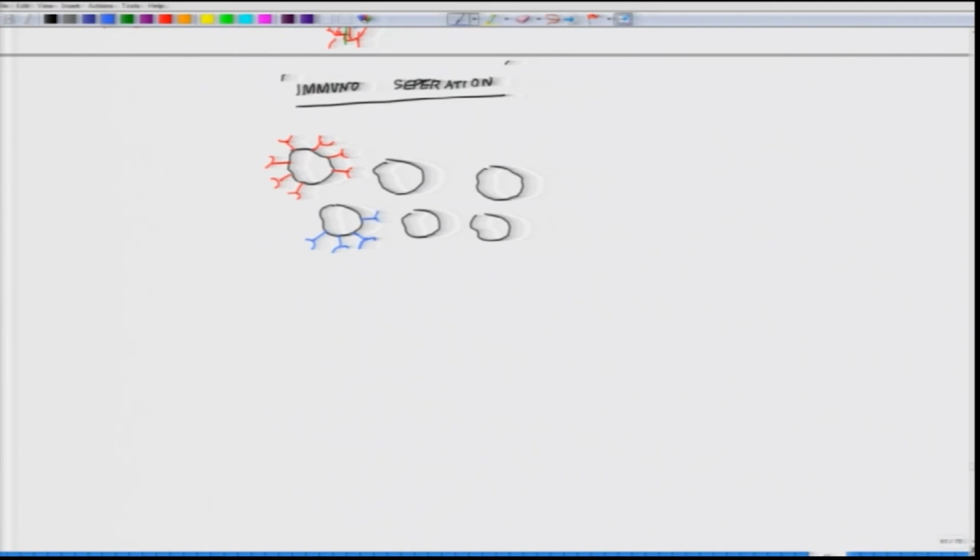I am just showing the color coding, that way it will make more sense to you. And these are external receptors. Okay. So, we see green colored, blue colored.